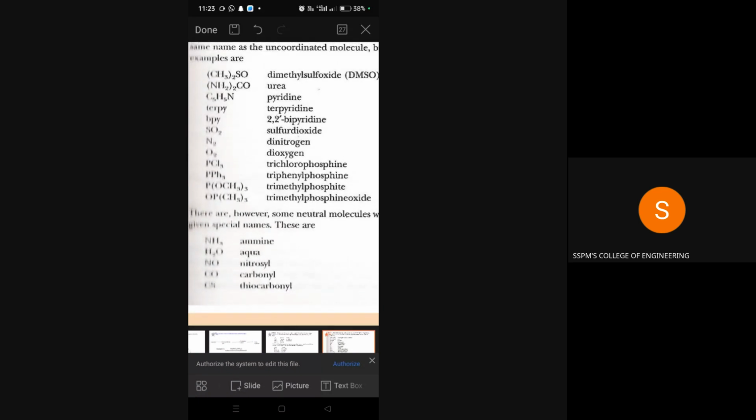Amine is there, aqua means H3O plus, NO means nitrosyl, CO means carbonyl, and thiocarbonyl. Then dinitrogen, dioxygen, sulfur dioxide, 2,2-bipyridine, and tetrapyridine.